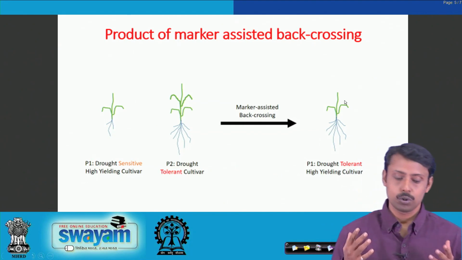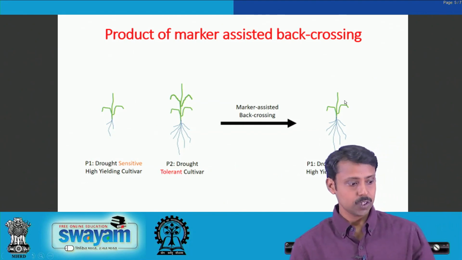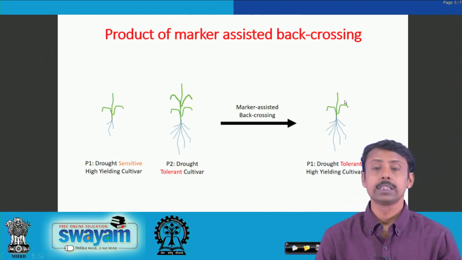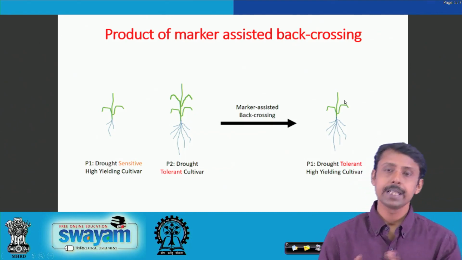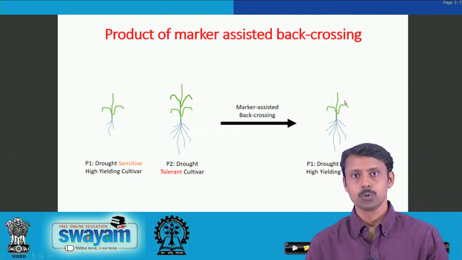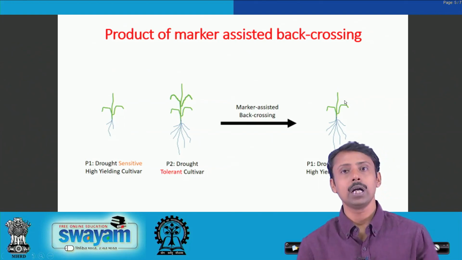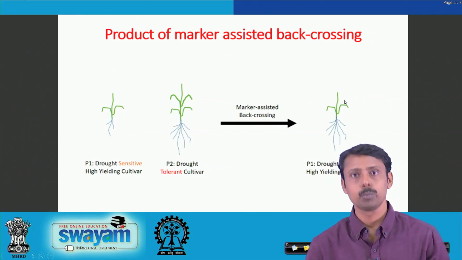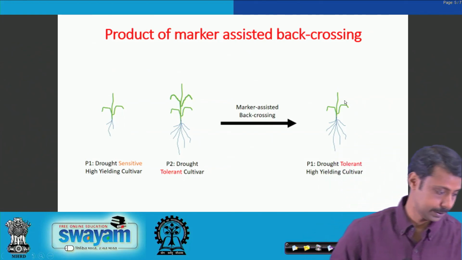Similarly, for combating salt stress, the Saltol gene has been introgressed into the rice genome, to make the rice plant more tolerant to salt stress.